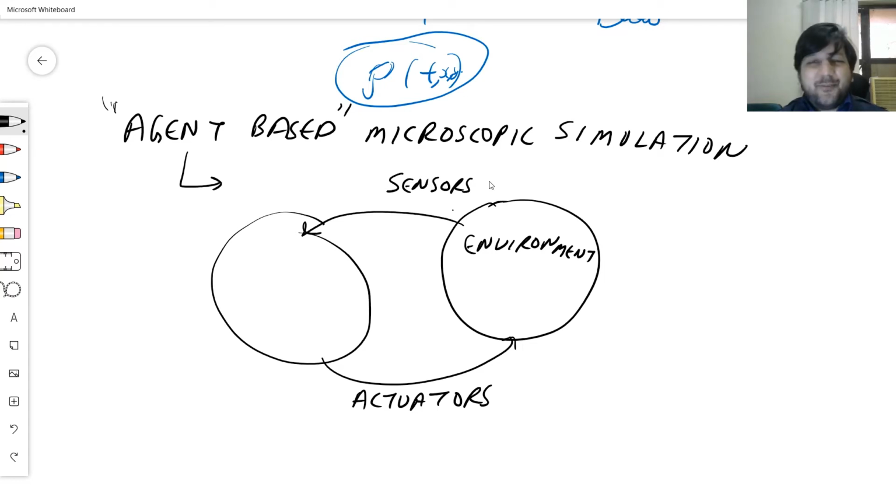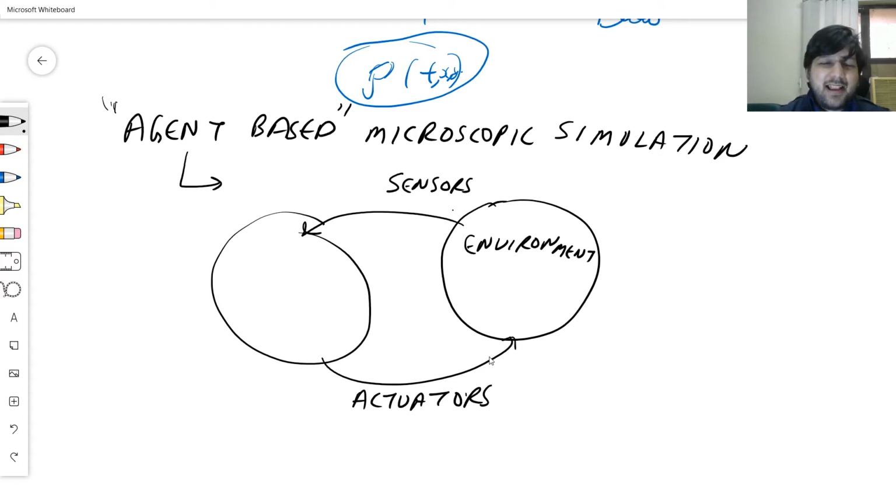Now that's where the logarithmic term, again to repeat, comes in. The sensors will see everything around, and these are not real sensors, we're doing a simulation. So the simulation of the sensors for every agent has a proximity query which comes out to be logarithmic of n, and then you got in the actuators which act over here.